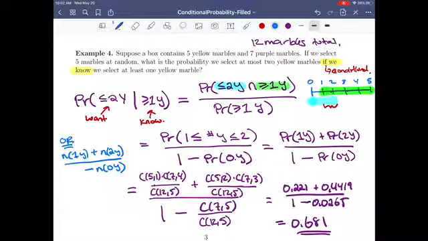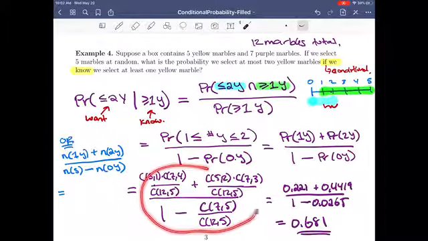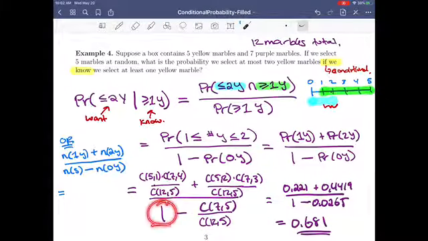Instead of 1 minus the number, I have to use the number in the sample space S. If I was to rewrite this, from here I could multiply the top and the bottom by 12 choose 5. That would kill off all those denominators, but it would make this thing equal to 12 choose 5. It will get you the same answer.